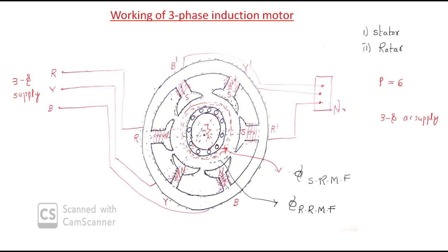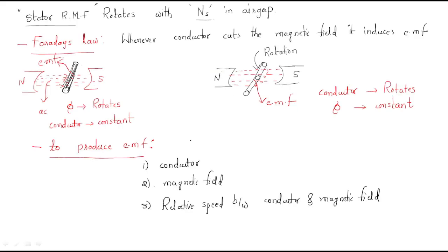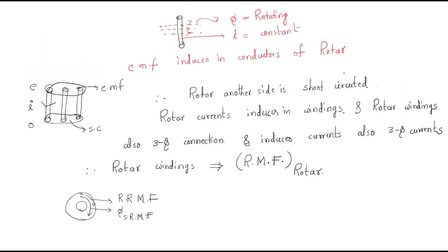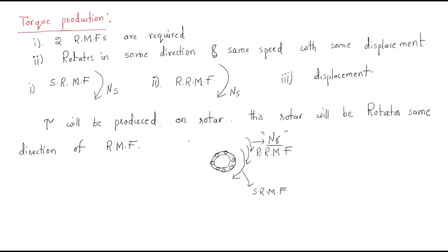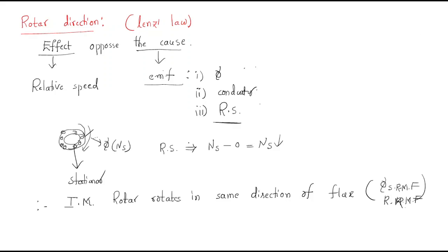In order to rotate, we create the stator RMF, create the rotor RMF, and create a displacement between them, then the torque will be produced. By using the torque, the rotor will rotate.